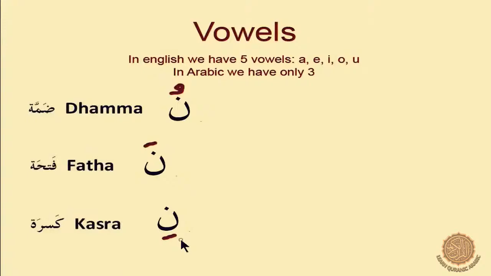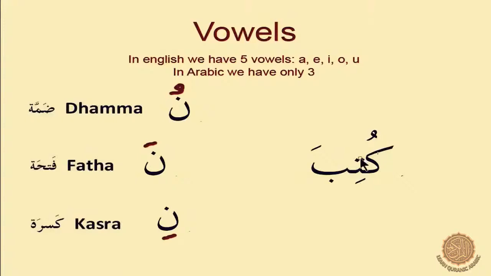So let's do an example of a word that has these three vowels in the word. So let's try to pronounce this word. We have a kaf, so it has a k sound, and on top of it is a dhamma, so there's an u sound. So that would be ku. Then we have the ta with a kasra, so that would be ti.